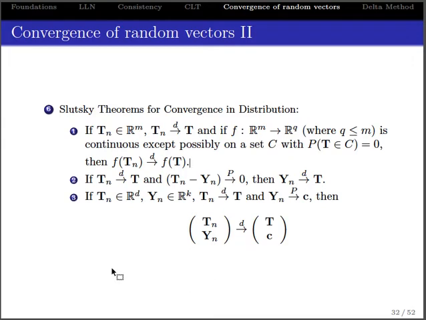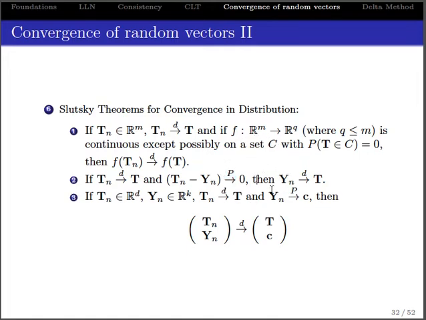The second one is handy, which is that if Tn is going to T, and if the difference between Tn and some other sequence Yn is going in probability, not distribution, to 0, then, well, convergence in distribution to 0 would imply convergence in probability to 0 because of that partial converse.